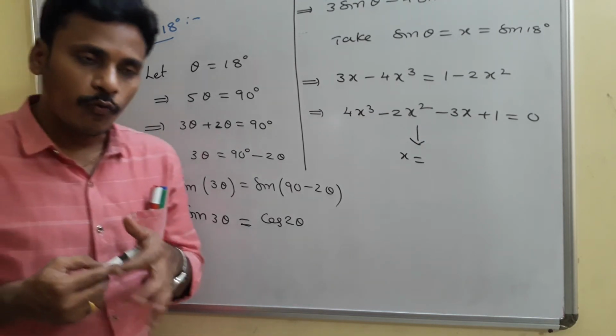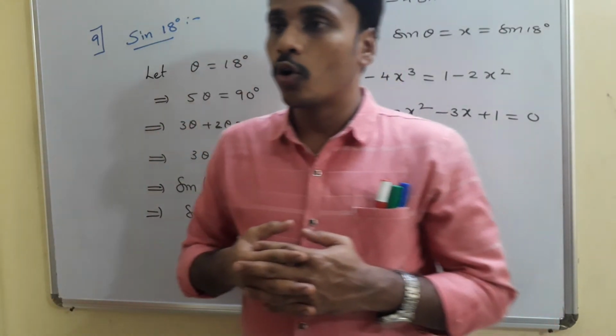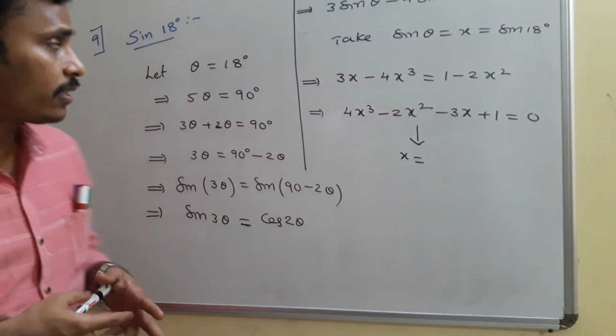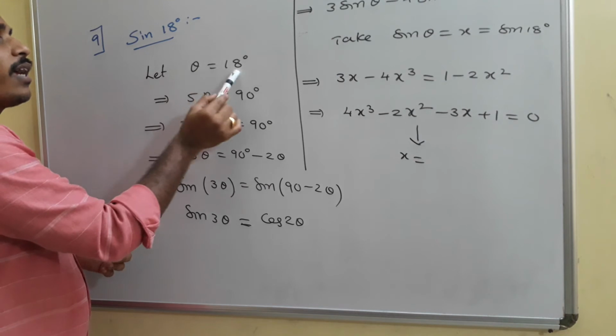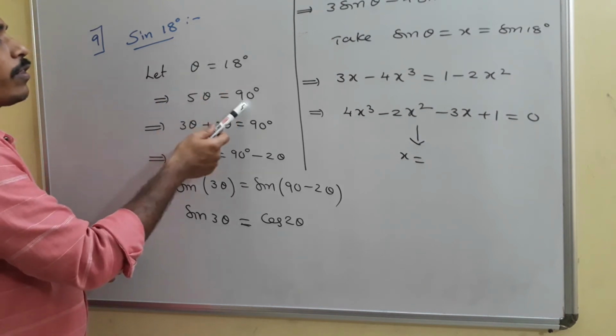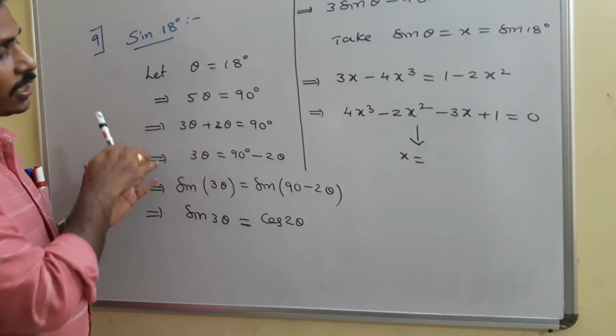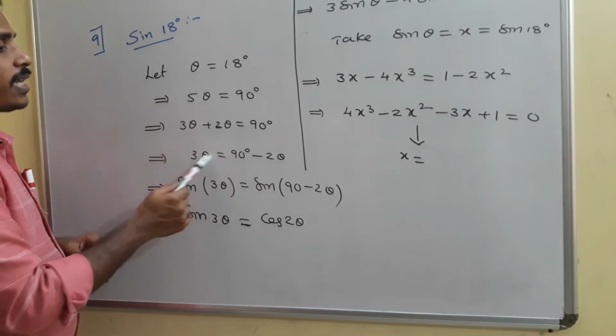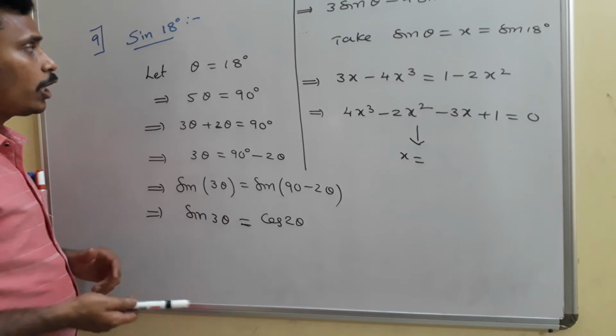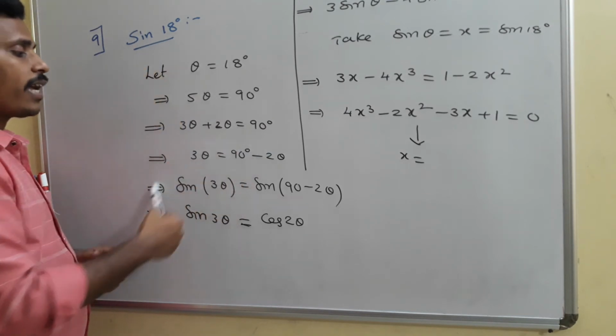Here we are going to find sin 18 degrees. Since we don't know sin 18 degrees, first let theta be equal to 18 degrees. Since theta is 18 degrees, clearly if you multiply by 5, 5 theta is 90 degrees. Split this 5 theta as 3 theta plus 2 theta. So 3 theta is 90 minus 2 theta. Since I need to find sin theta, apply sin on both sides.